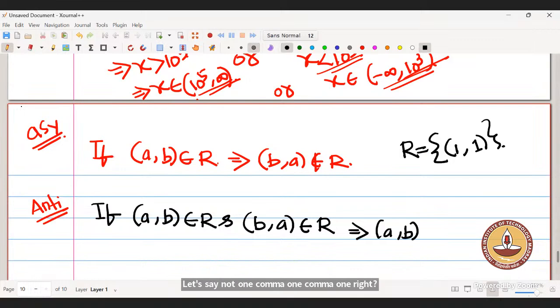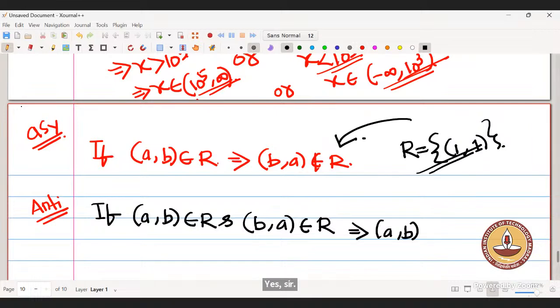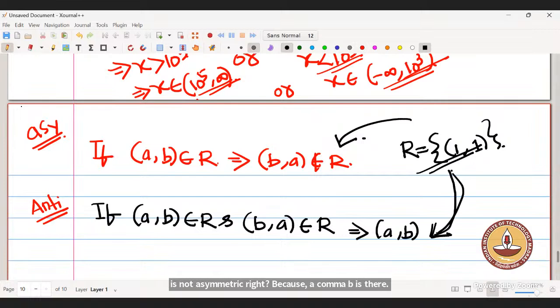This is not asymmetry, right? Because (A, B) is there, (B, A) is there, right? This is not asymmetry, but this is anti-symmetry, right? So certainly they are different, and there is a huge difference between asymmetry and anti-symmetry. Got it, sir.